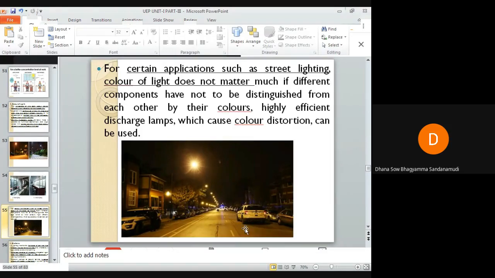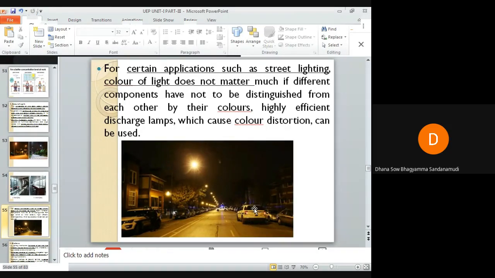In such places we can use lamps which have poor color rendering capacity, such as sodium vapor lamps. Sodium vapor lamp has poor color rendering capacity. So you can see in this image we can't even clearly identify the color of the building or tree or these cars around this road.